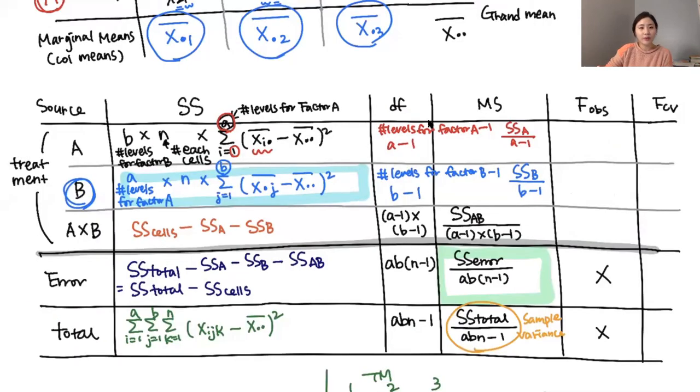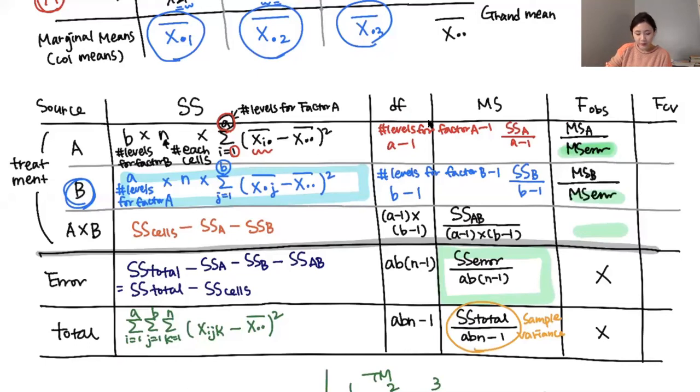My F observed value for factor A is mean square for factor A divided by mean square error. So we need to divide by mean square error. And F observed value for B is mean square B divided by mean square error.